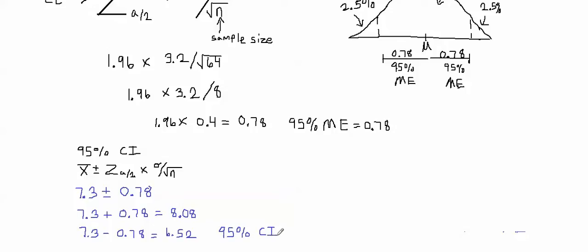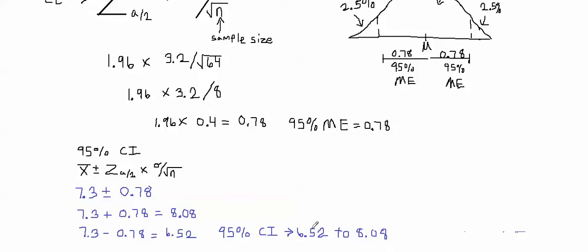The 95% confidence interval is a range of numbers. It's everything between this lower number and this upper number. And in a research study, this confidence interval is actually my final estimate of what I think the population mean is.